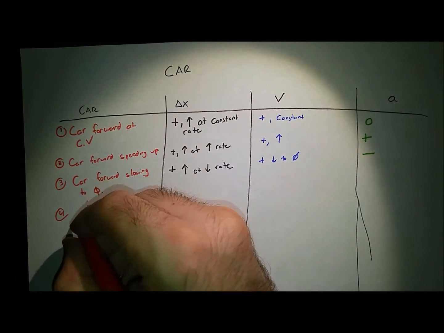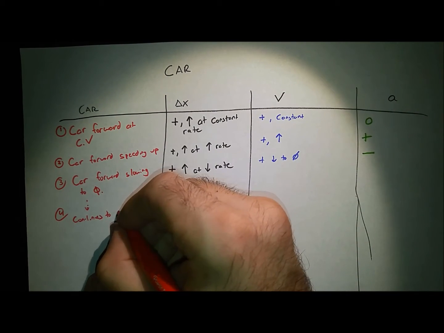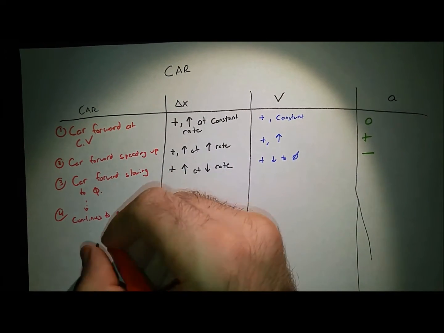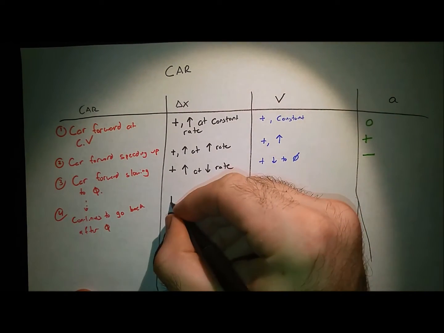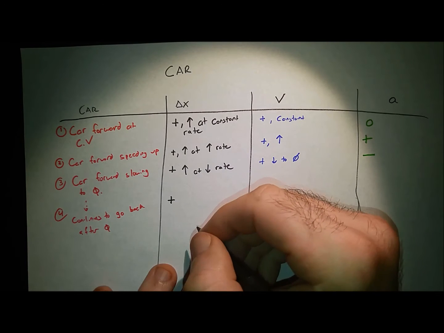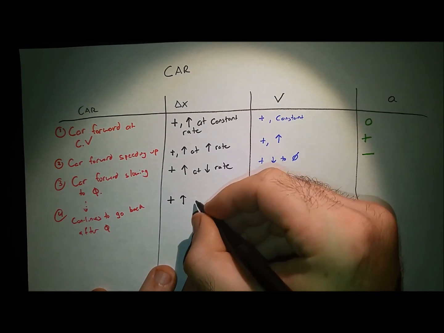Let's keep going. Now let's assume that same car, which went forward, slowed down, and stopped, is now going backwards. So what happens? Well, at first it's positive because even though it keeps on going backward, it's still forward in front of its start point.